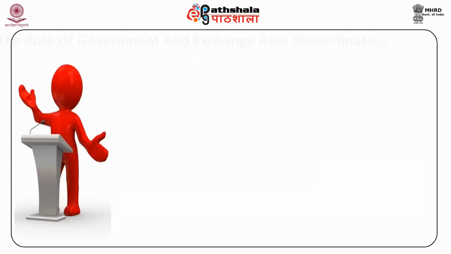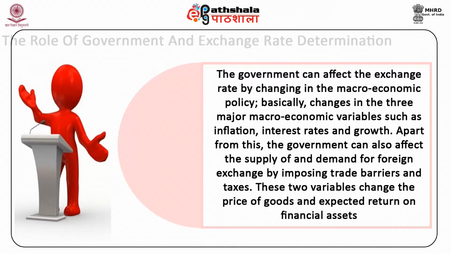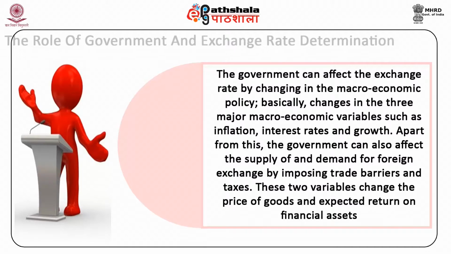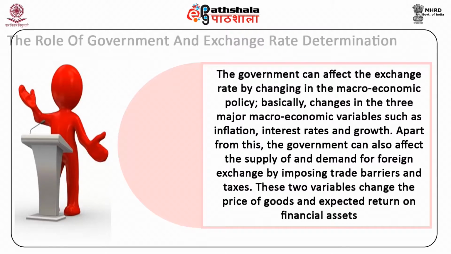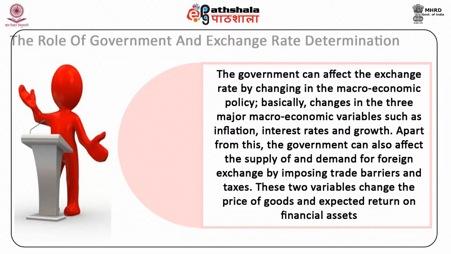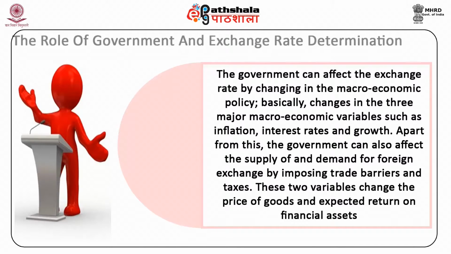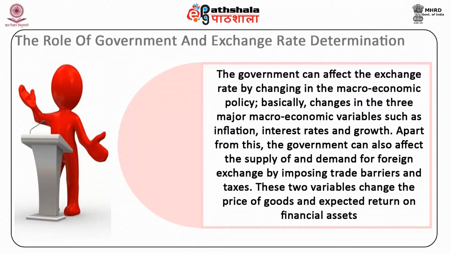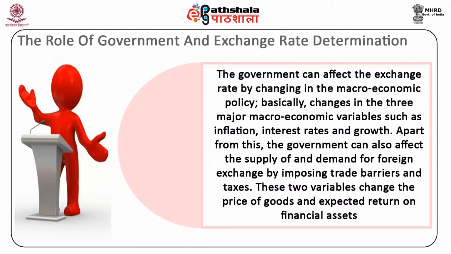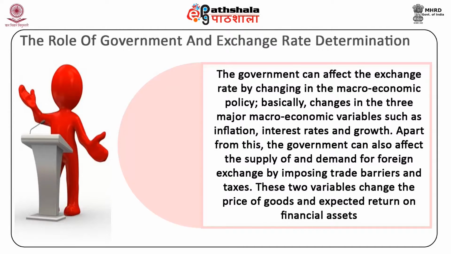The role of government and exchange rate determination. The government can affect the exchange rate by changing the macroeconomic policy, basically changes in the three major macroeconomic variables such as inflation, interest rates, and growth.